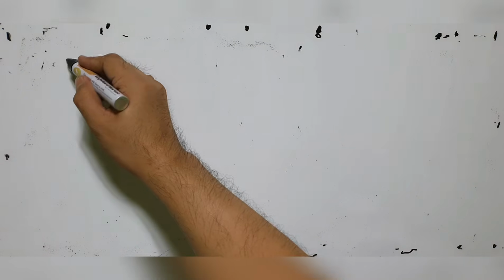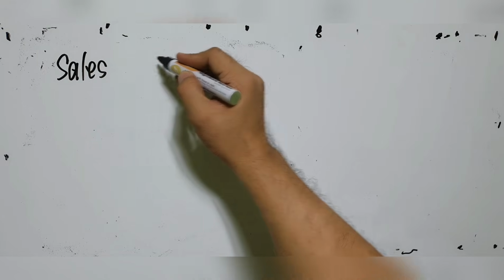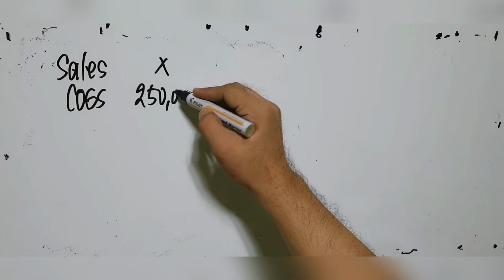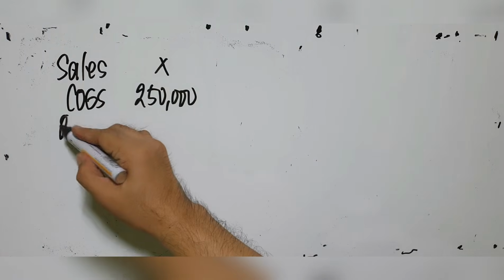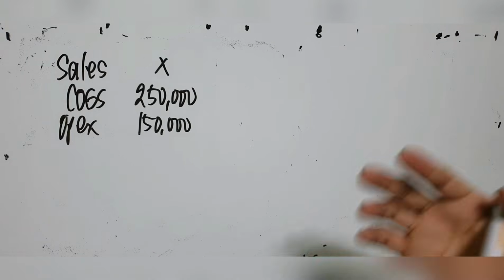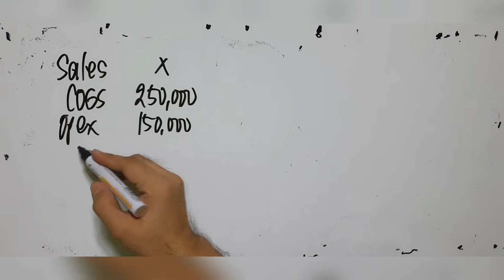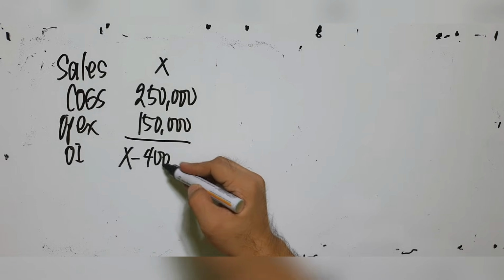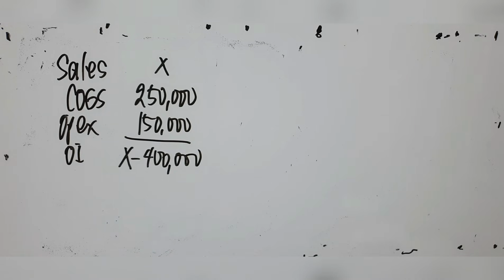Alright, so sabi natin, ang sales natin ay yun yung nawawala. So let's call it X. So ang COGS natin ay 250,000. And then our OPEX ay 150,000 kasama si depreciation. Okay, kaya naman ang operating income natin ay X minus 400,000. Yan.